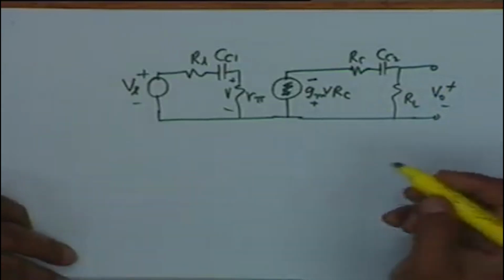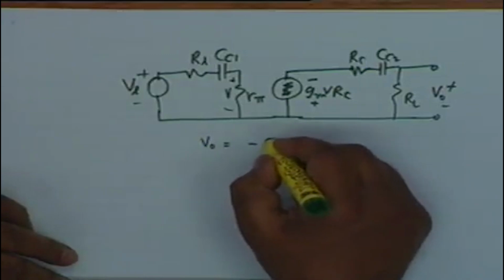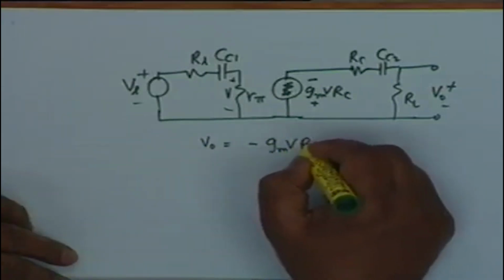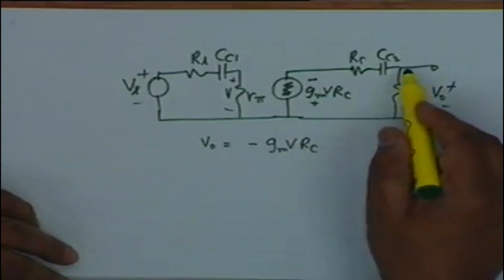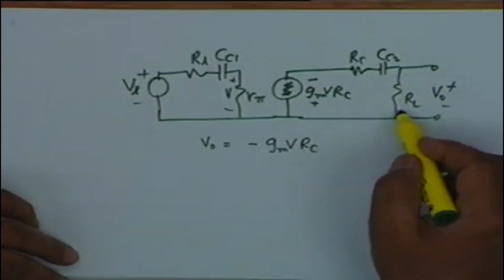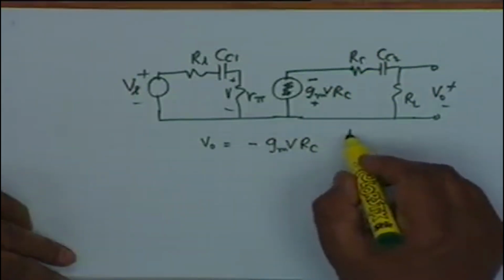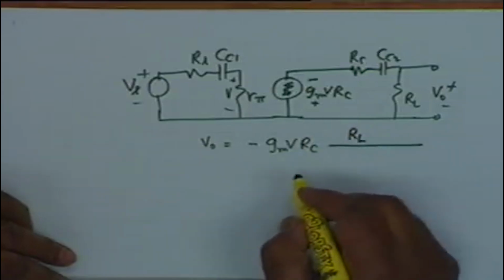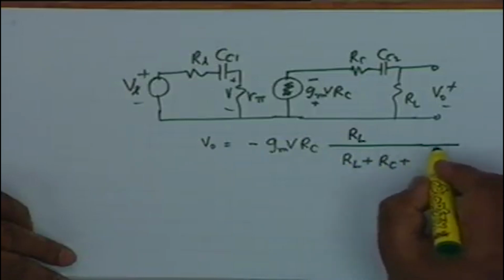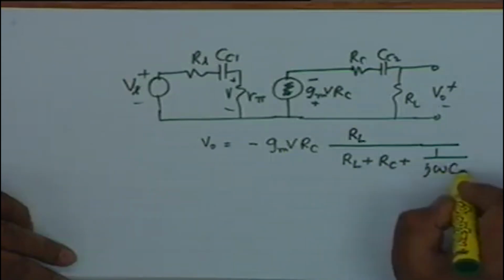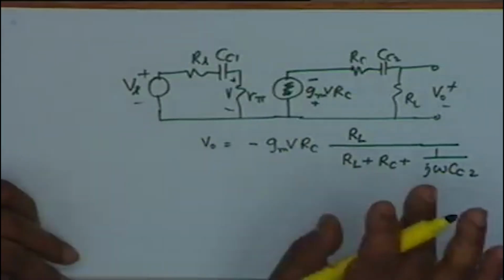You can see that V0 is equal to minus gm V RC, then a potential division between RL and RC in series with CC2. Therefore, it would be RL divided by RL plus RC plus 1 over j omega CC2. Is that okay? I write this by inspection.